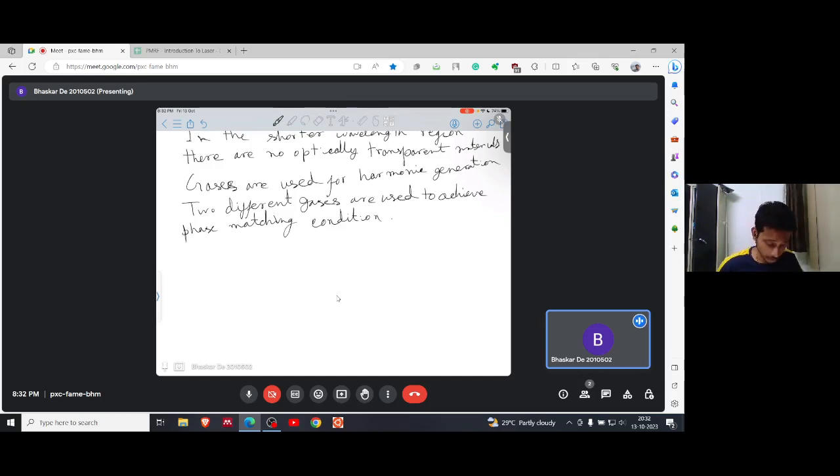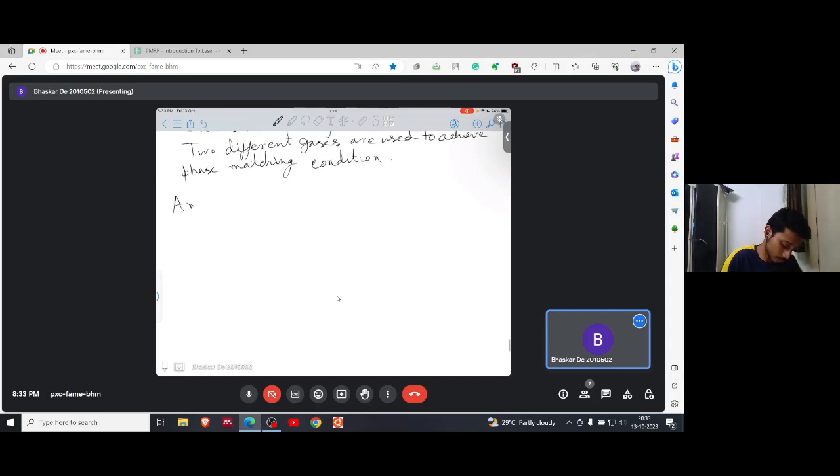And then in order to describe angle tuning, we consider the case of a uniaxial birefringent crystal. As I was saying, if this is a PBO crystal or any crystal, then in order to have the phase matching, it is not necessary to have the crystal like this.